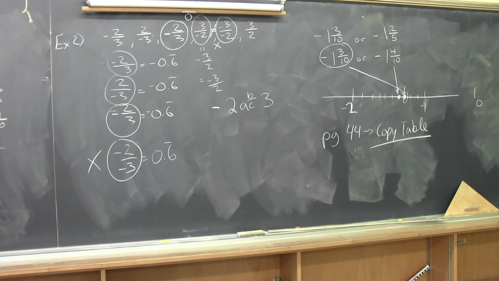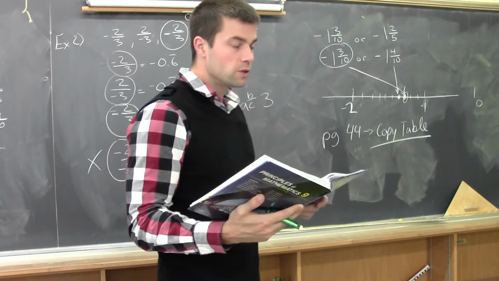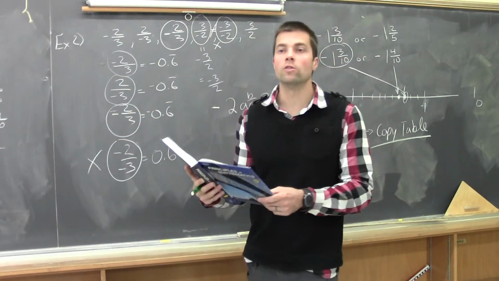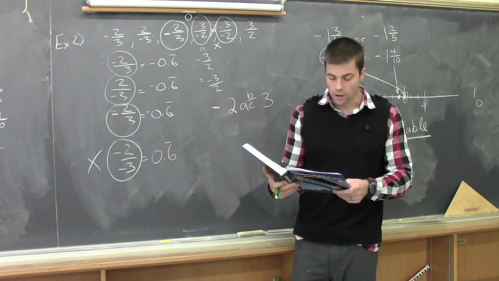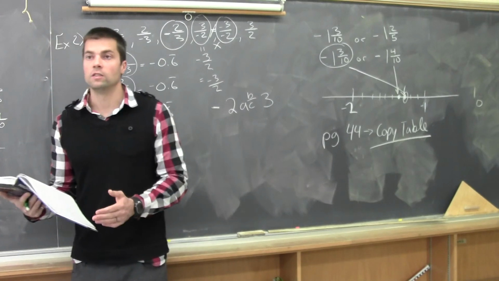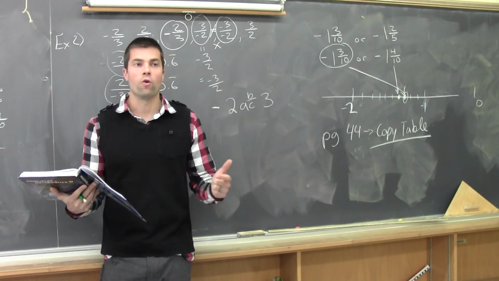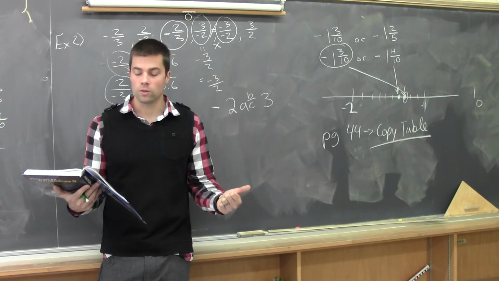The only difference is that with natural numbers, you don't include the 0. Whole numbers, we know what a whole number is, but it also includes a 0. And integers include the negative numbers as well as the 0. So natural and whole numbers don't include negative numbers. Integers do. They also include the 0.